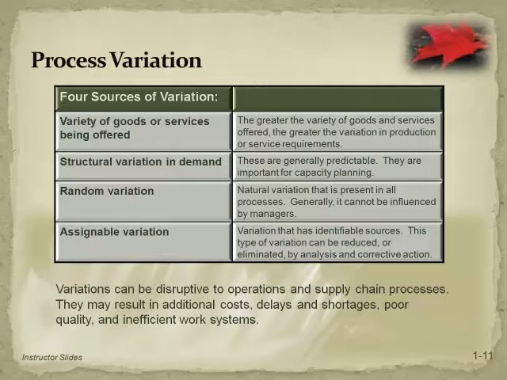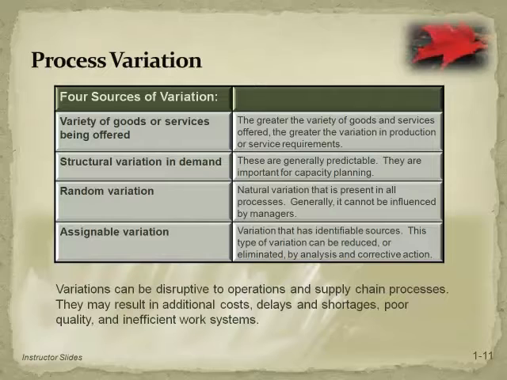But the last one shown on this slide, assignable variation. This is the one, as operations people, we need to take note of. Assignable variation is something that has caused the output, the result, to be different. And whatever that is, it's going to be occurring every day, over and over again. And it could cause quality problems. It could cause other types of problems.